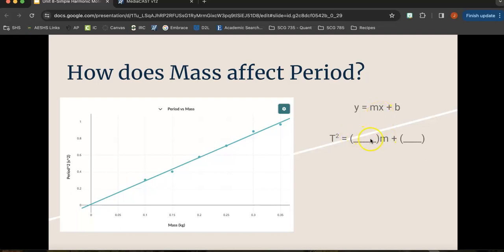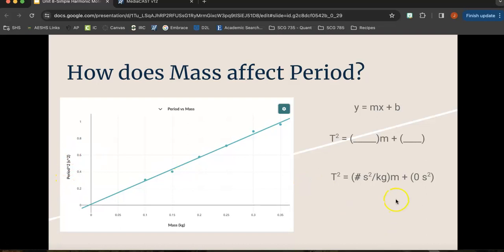So I'm going to leave a blank for slope and a blank for y-intercept with my parentheses, because I always put parentheses around my slope and my y-intercept. Then I'm going to use units. So my slope units are going to be seconds squared, because we're doing T squared, so you square the units, over kilograms. And my y-intercept units are going to be seconds squared.